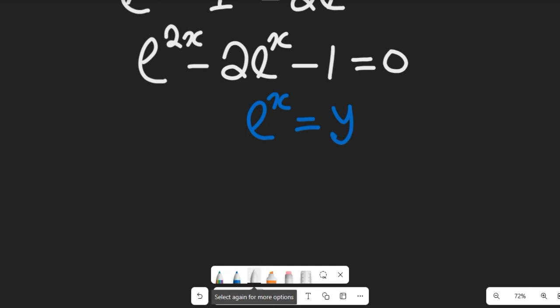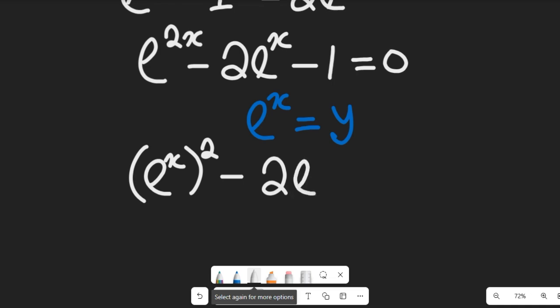So from that expression, using the laws of indices, I'll have the exponential value of x multiplied by 2 minus 2 multiplied by the exponential value of x minus 1, and this will be equal to 0.